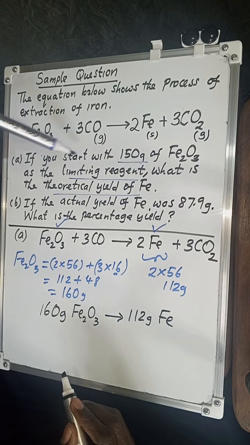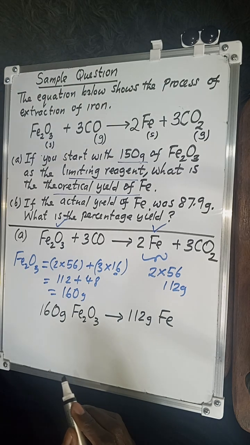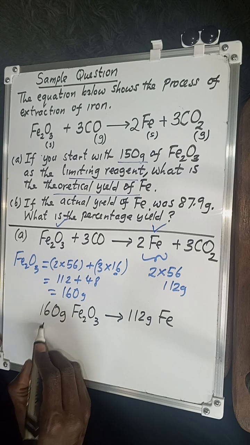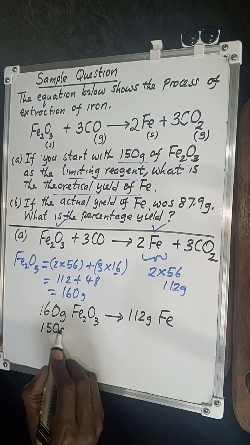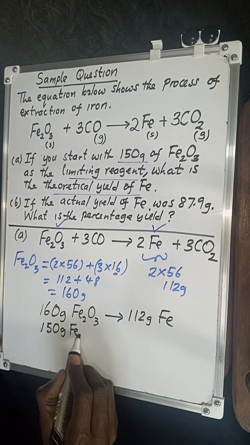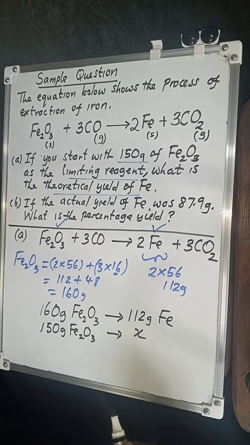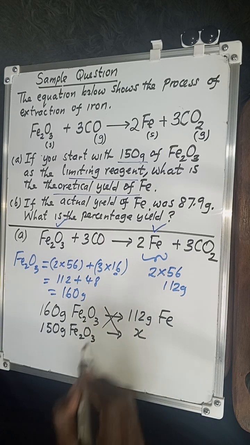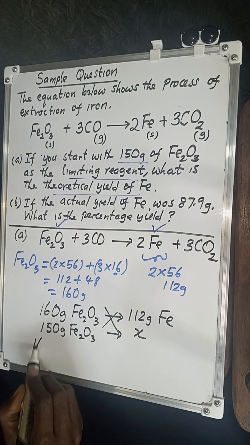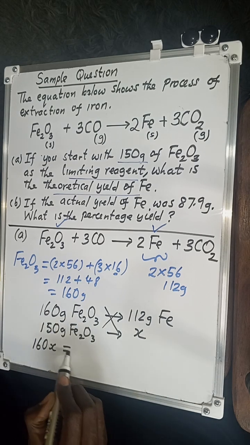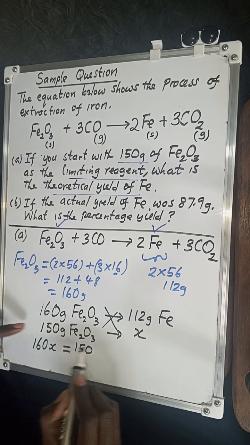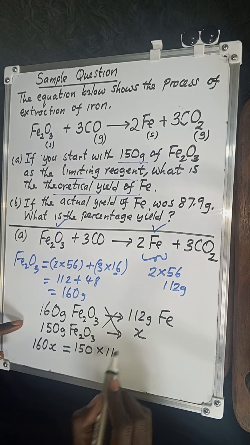Remember, it says if you start with 150 grams of iron(III) oxide. So suppose I now use 150 grams of this iron(III) oxide, then what mass of iron do I get? You cross multiply: 160 times x is equal to 150 multiplied by 112.